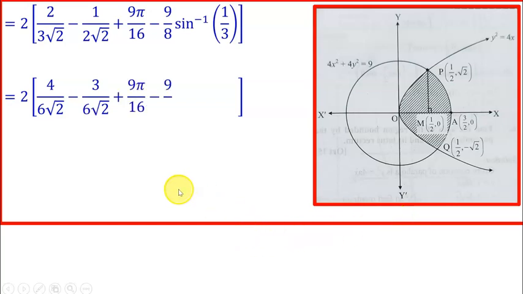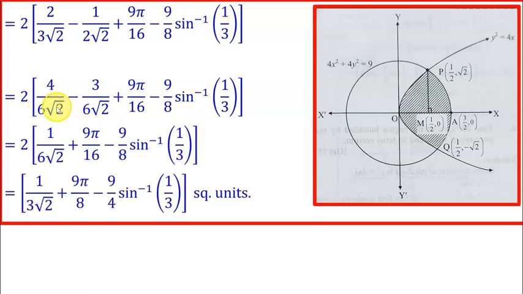And after simplification, you will have the answer. That is 2. Multiply numerator by 2, then you will get 4 upon 6 root 2. And multiplying numerator and denominator by 3, you will get 3 upon 6 root 2 plus 9 pi by 16 minus 9 by 8 sine inverse of 1 by 3.